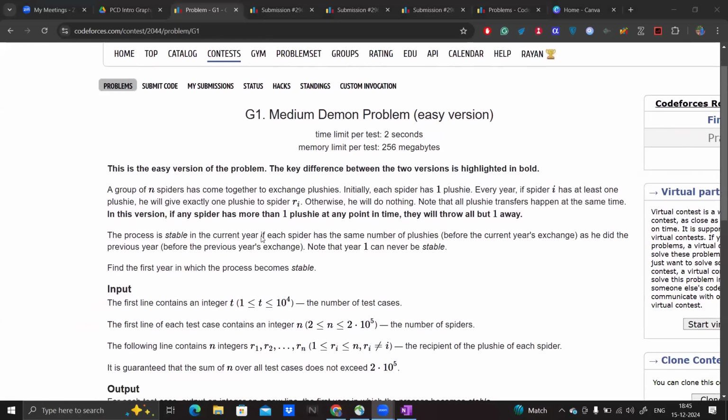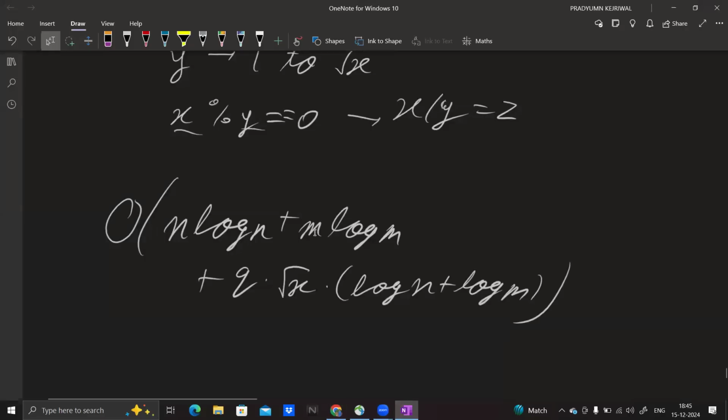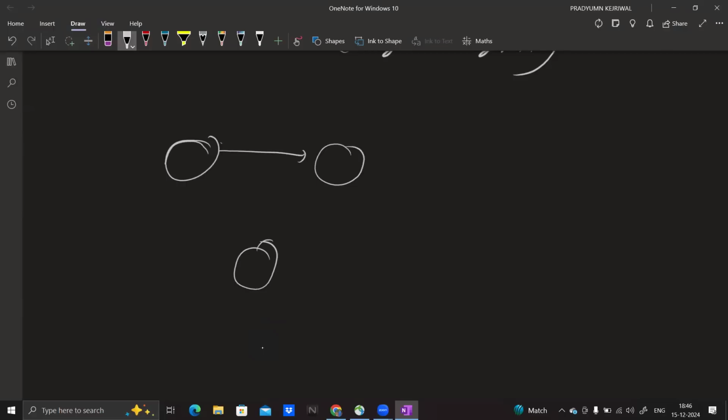So the problem says that we have some spiders. So this is spider one, spider two, spider three. Suppose spider one gives to spider two, the second one gives to the third, and the third one gives to the second.